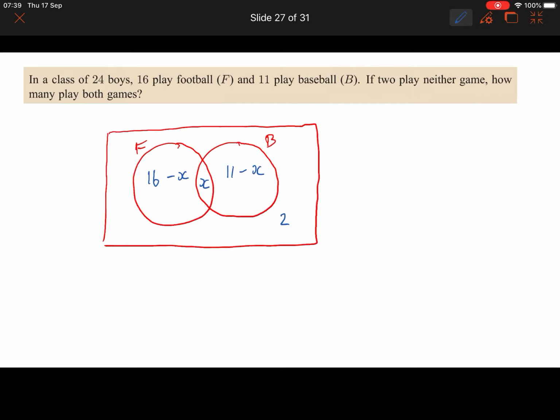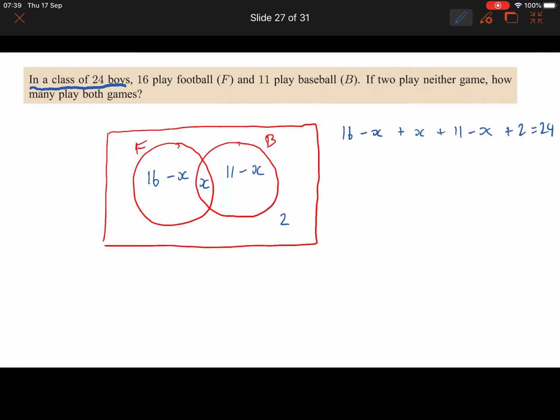Now what we can do is make an equation, okay, because all of these regions must make up 24, because the universal set must add up to 24, because there were 24 boys. So let's just do that. 16 minus X plus X plus 11 minus X plus 2 must equal 24.